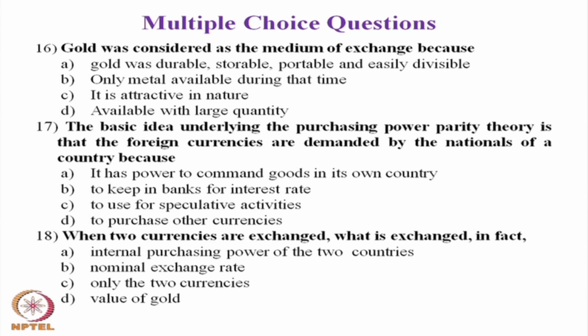B, only metal available during that time. The choice C for you is, it is attractive in nature. The choice D for you is, available in large quantity. Mark the answer, keep it with you.